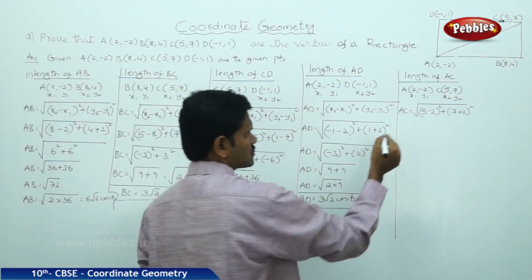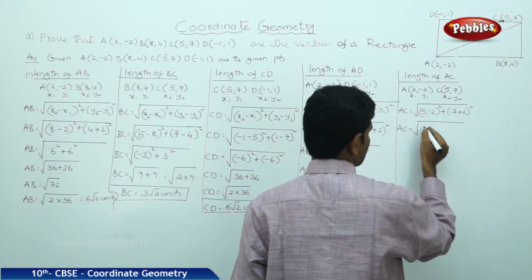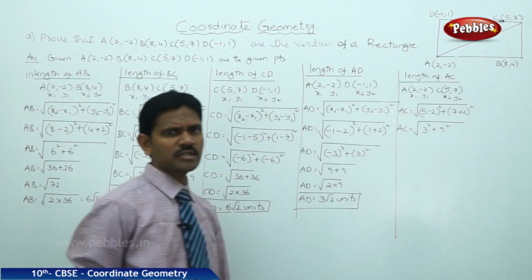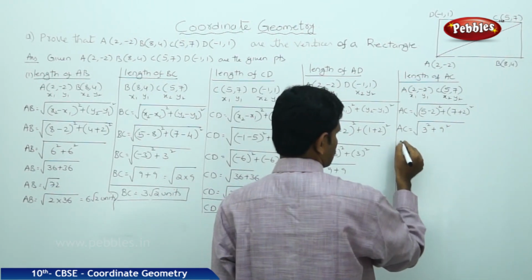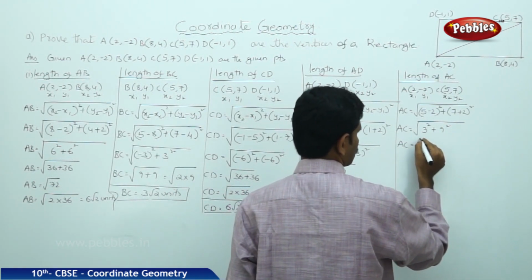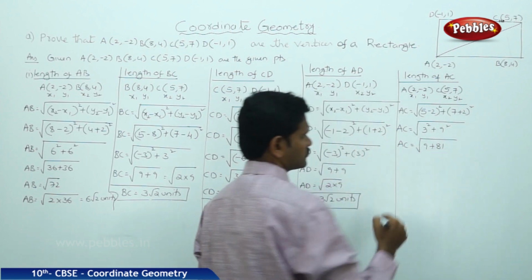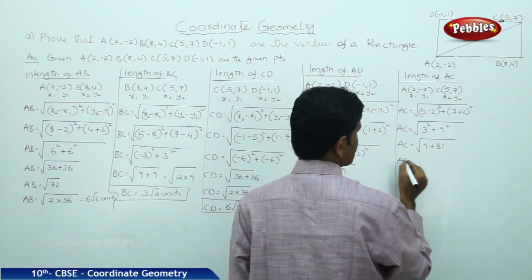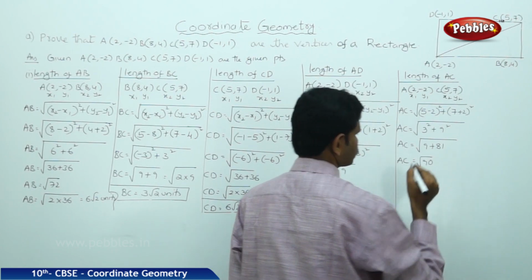That is AC is equal to root over 3 square plus 9 square, 5 minus 2 is 3, 7 plus 2 is 9. AC is equal to root over 9 plus 81, 9 square is 81, that is AC is equal to root 90.